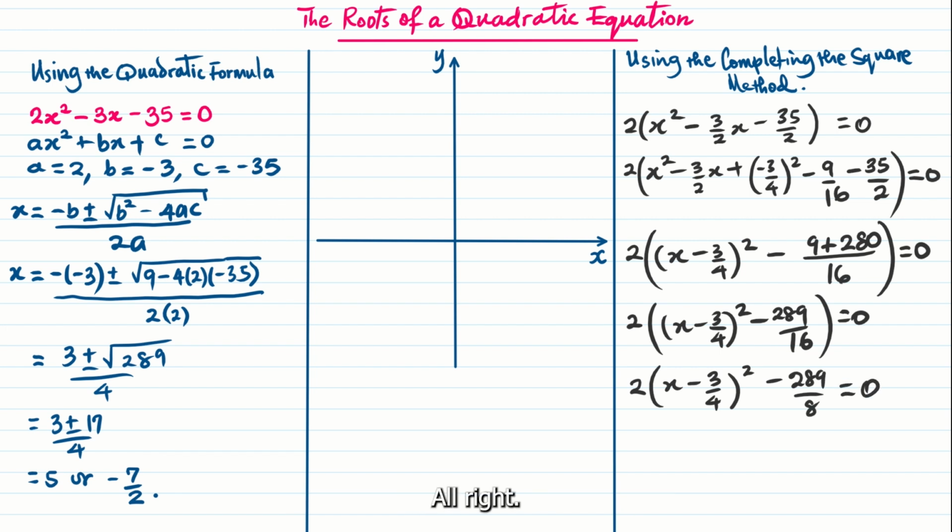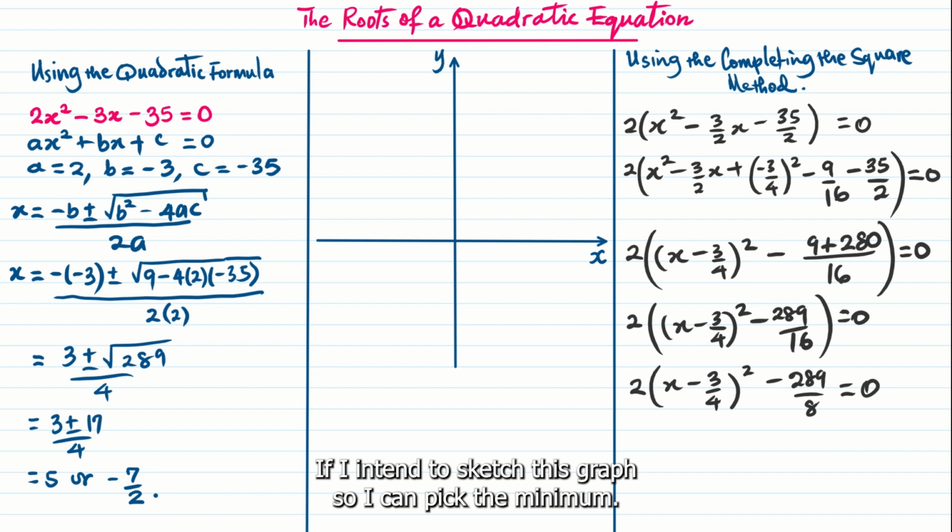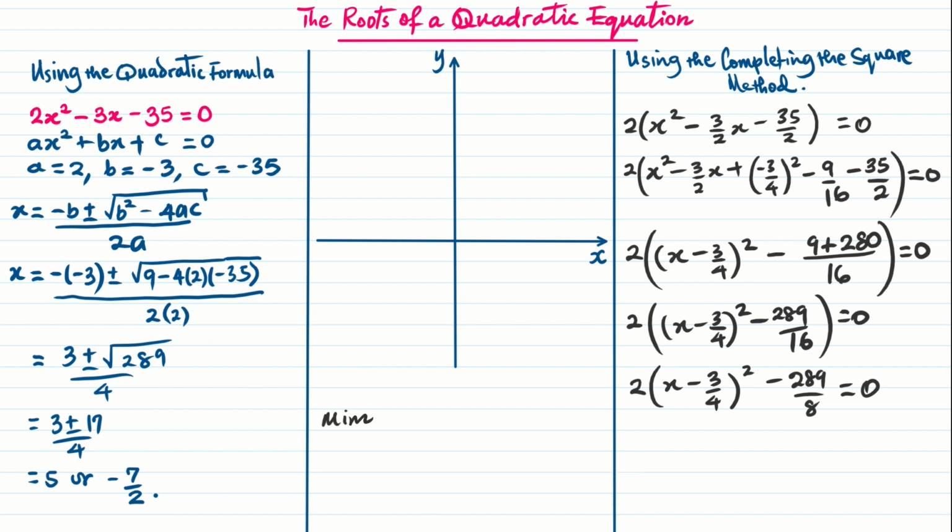Now, this form is very good because it tells me what the minimum will be if I intend to sketch this graph. So I can pick the minimum easily. The minimum will be at 3 over 4 and at negative 289 over 8.